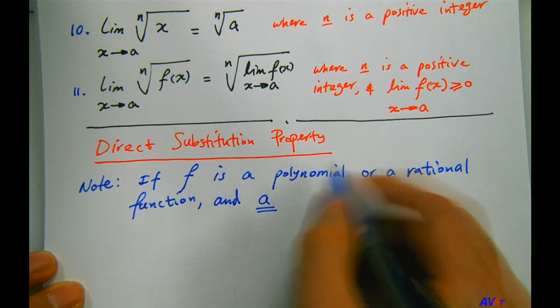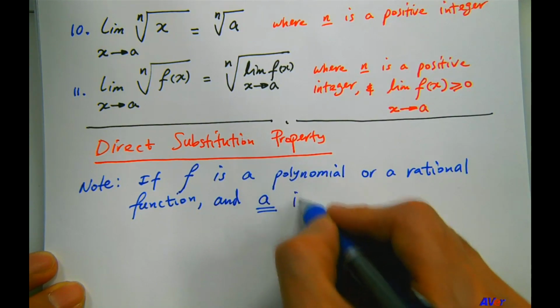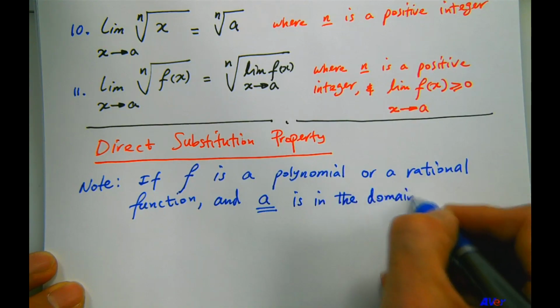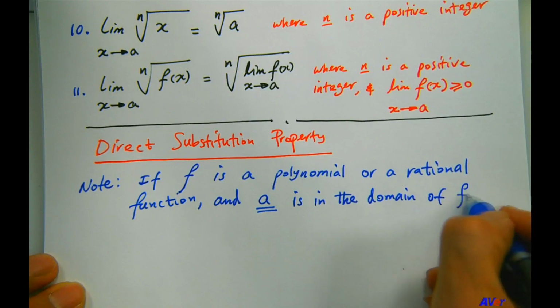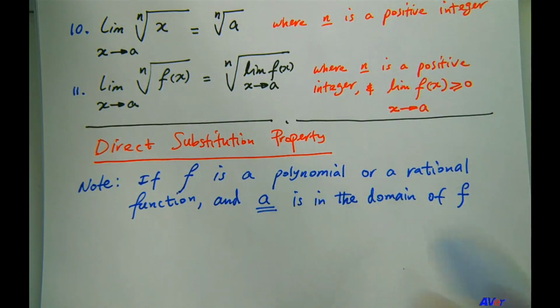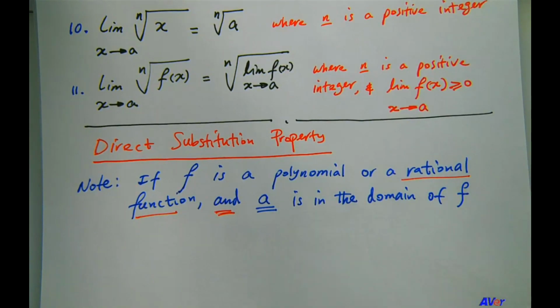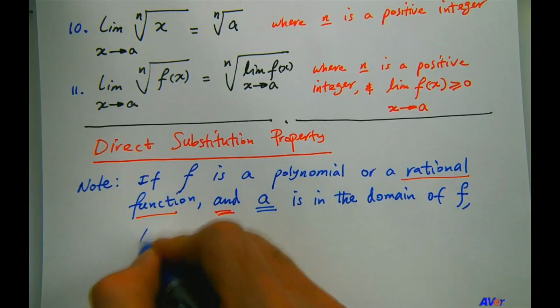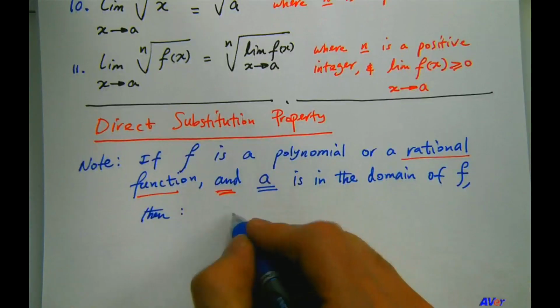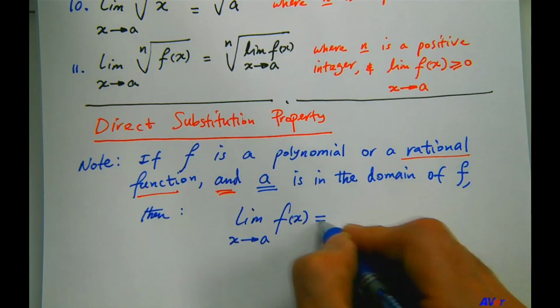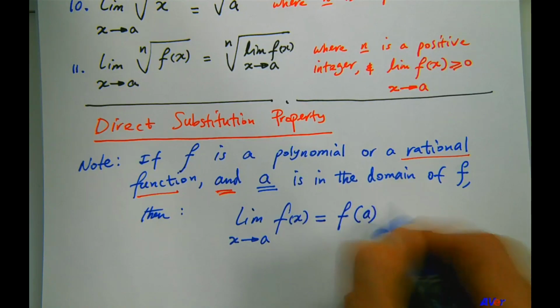And suppose that the constant a is in the domain of f. Of course, a is always in the domain of f if f is a polynomial. If a is in the domain of f, then we can say that the limit of function f of x as x approaches a is simply equal to f evaluated at a.